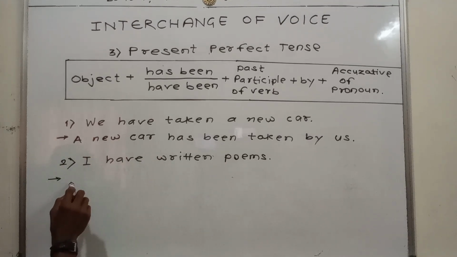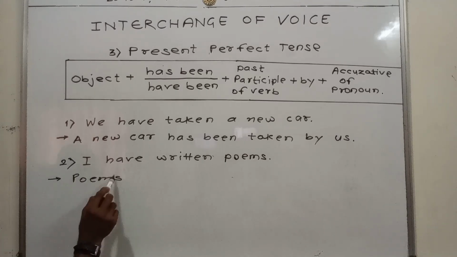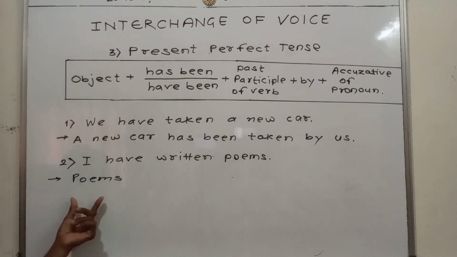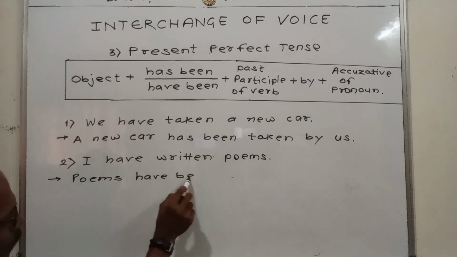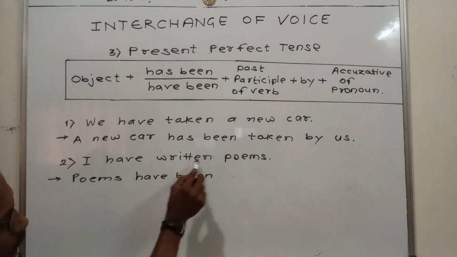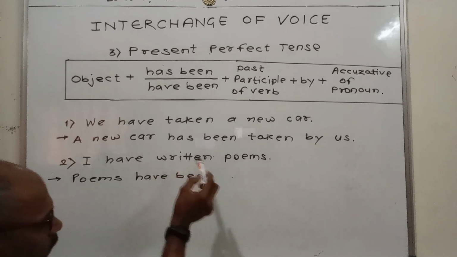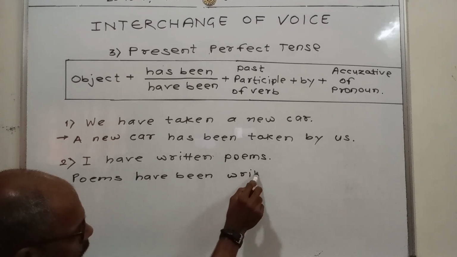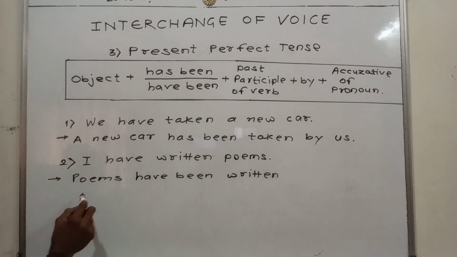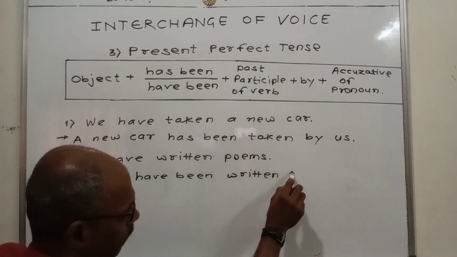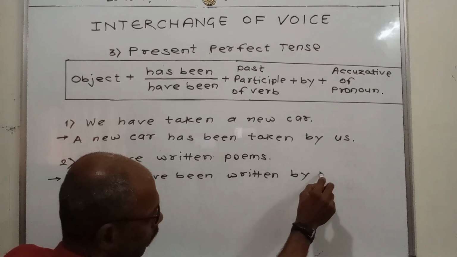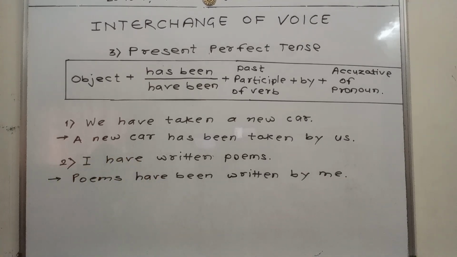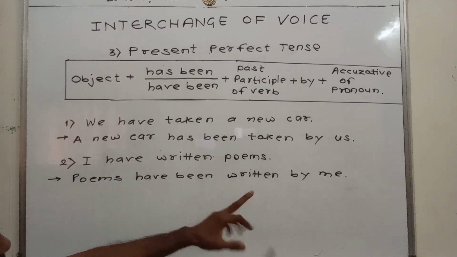Object now becomes subject. Object first. Poems. Now plural. So we write here have been. Then past participle of verb, already past participle. Poems have been written, then by, and this I becomes accusative of I, me. Poems have been written by me.